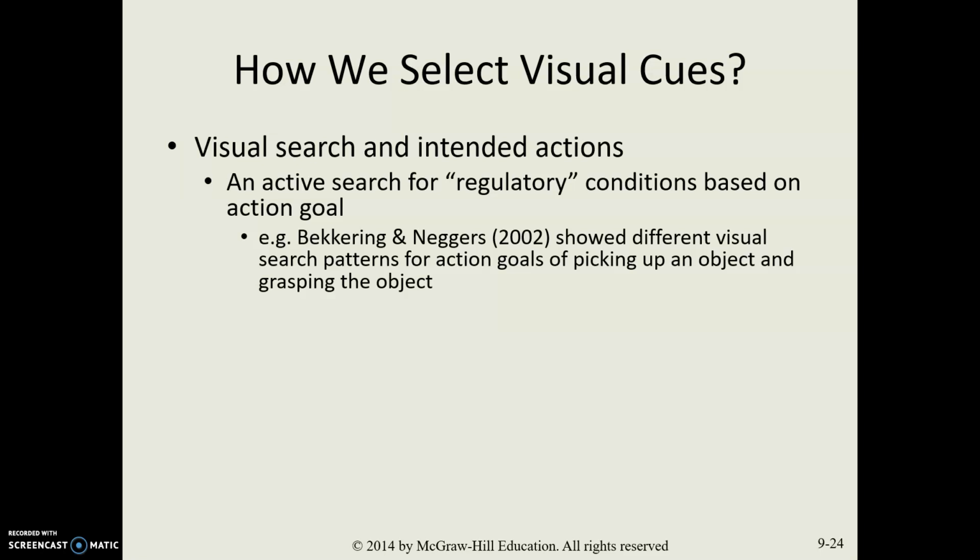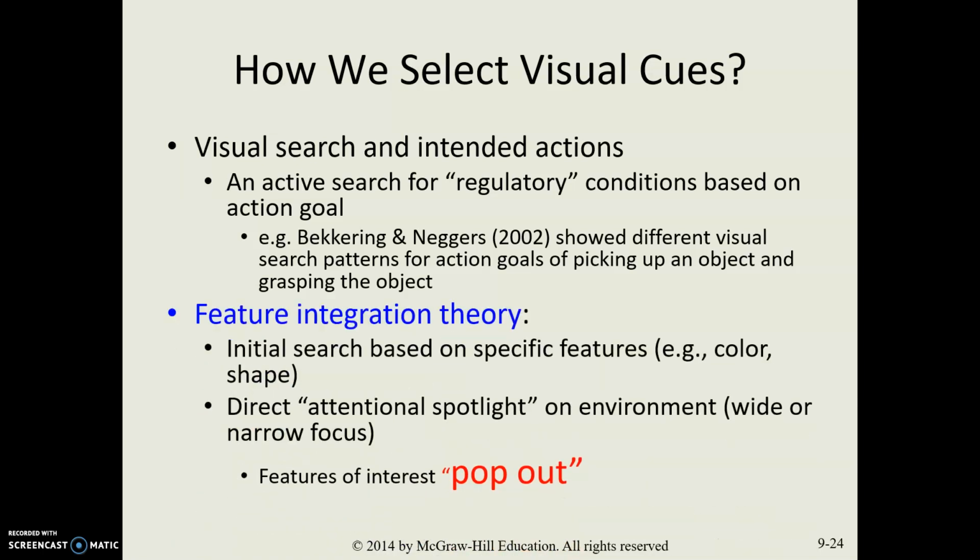And there have been studies that show that as we search information, we are taking in visual cues that help us make a determination of how to select a motor pattern. Bekkering and Neggers did that with picking up and grasping an object, taking up regulatory cues to help us be successful in that.